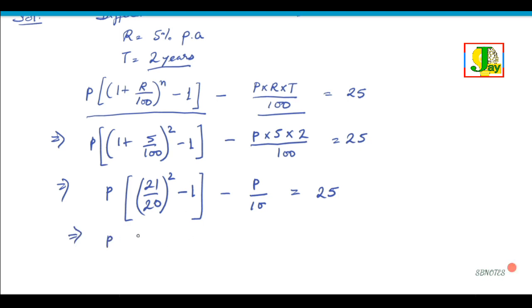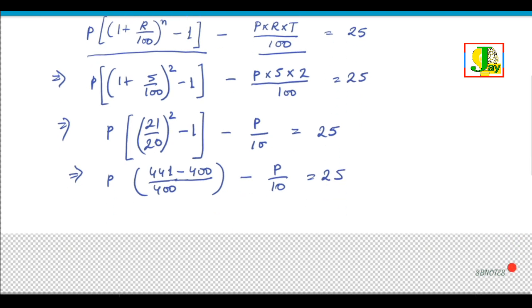Now P into this is 441 by 400 minus 1, so 441 minus 1, if we take LCM, that's 400, minus P by 10 equals 25.